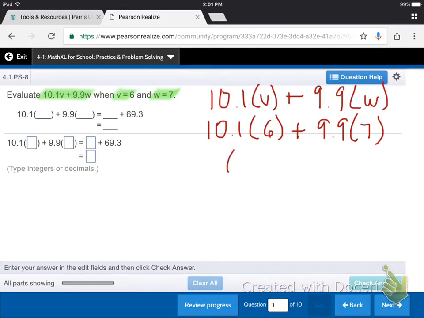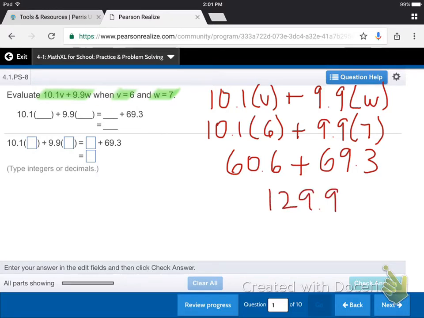10.1 times 6 is 60.6, and 9.9 times 7 is 69.3. And then when we add those numbers together, we get 129.9.